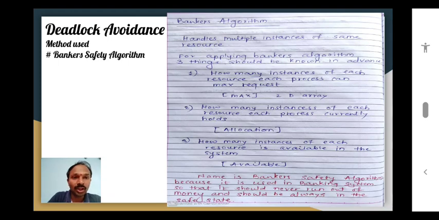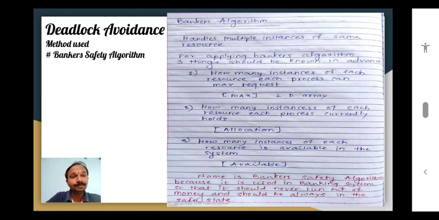This is known as allocation. The third is how many instances of each resource are available in the system. This is known as the available array. We will be using these arrays in our problem so that things will be very clear.